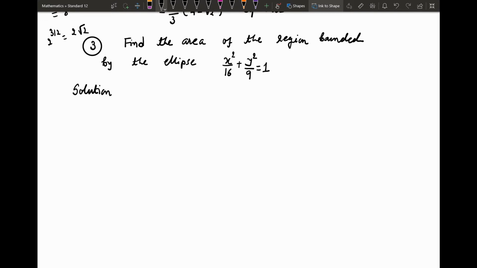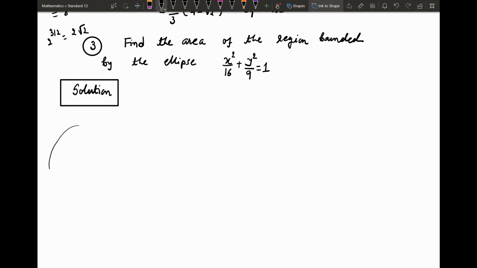Solution. So we have to get the area of the region bounded by the ellipse x square by 16 plus y square by 9.